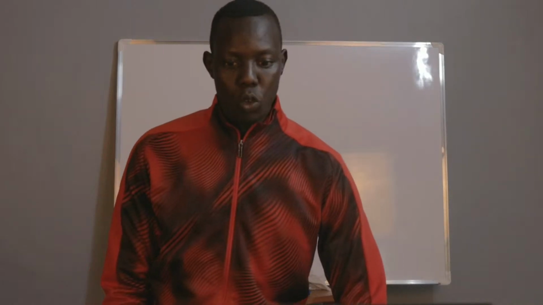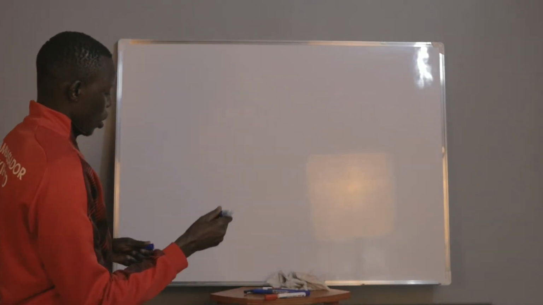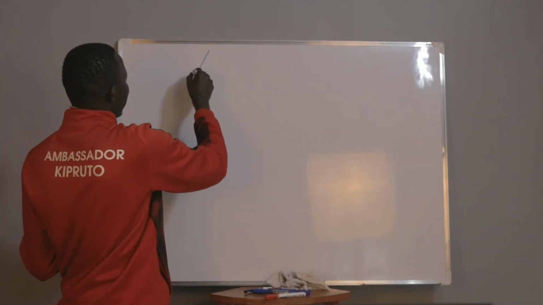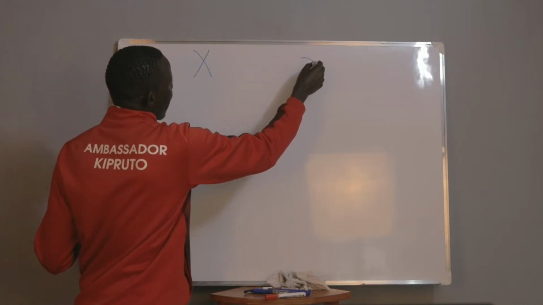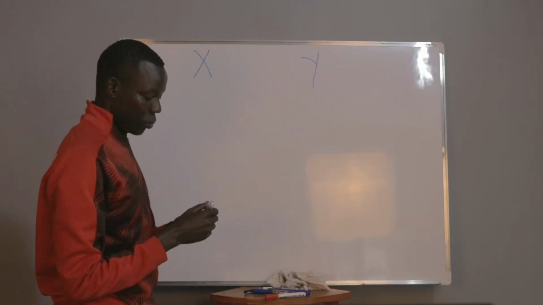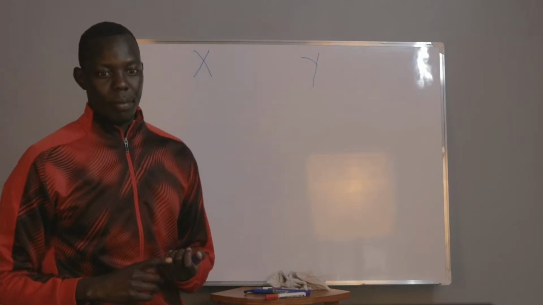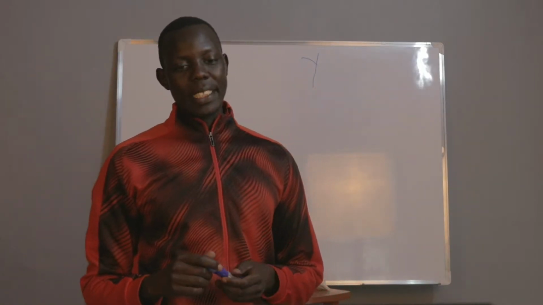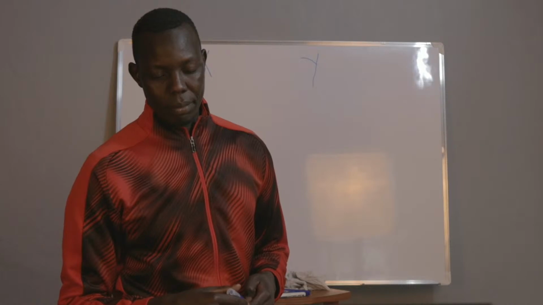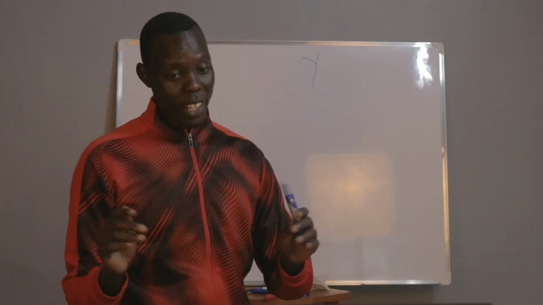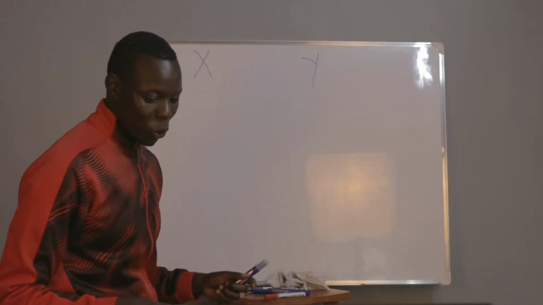A mixture is made up of two metals, X and Y. We have a mixture here which is made up of X and Y. The mass of the mixture is 30 grams. Let me write this question slowly.